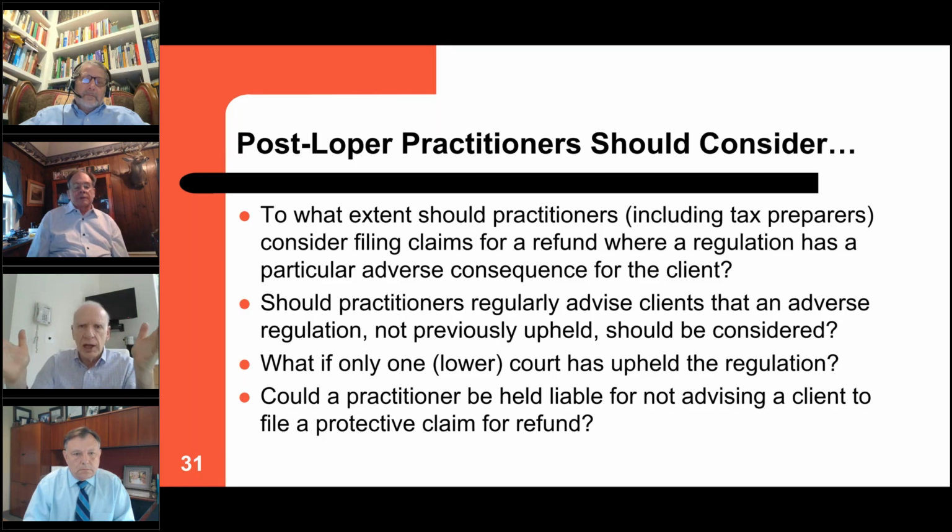I don't think that a lower court decision, tax court, district court, or circuit court, should necessarily preclude a Loper/Skidmore challenge at this point. We don't know the answers to these questions. The court just threw out there, oh, don't worry, if a court had upheld the reg under Chevron, we're not going to go back and re-examine that as a matter of stare decisis.